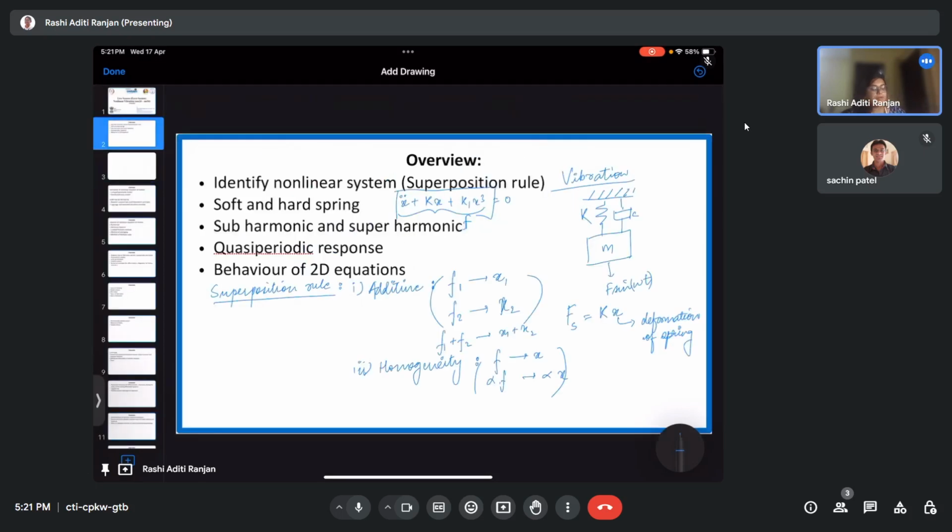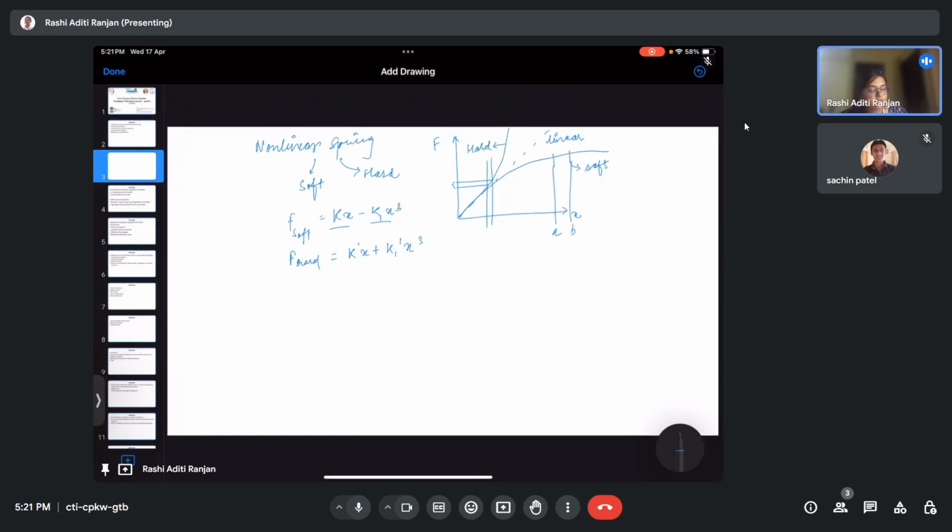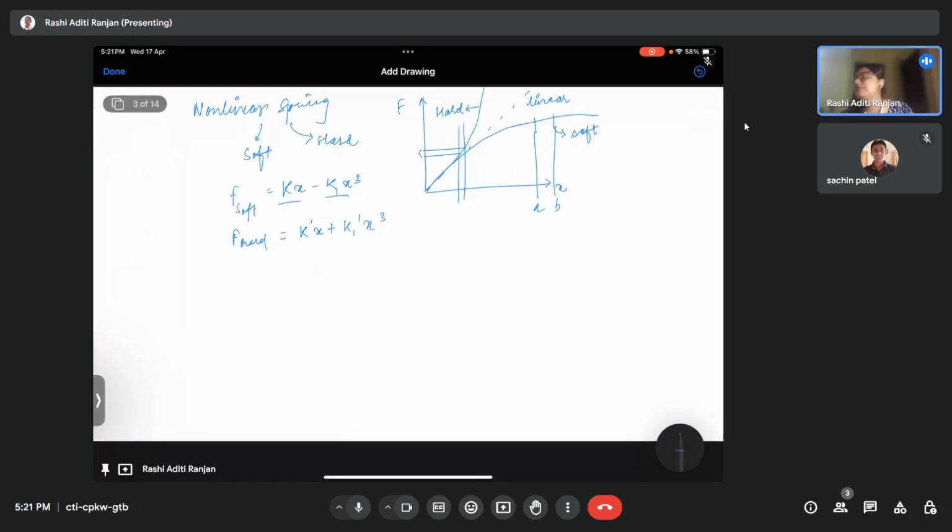After that, we learned about superharmonics and subharmonics. If you remember, when we talked about super and subharmonics, we learned that it occurs in case of a nonlinear system, right? Now, why does it occur? I even solved an example to make you understand from where the sub and superharmonic terms come.